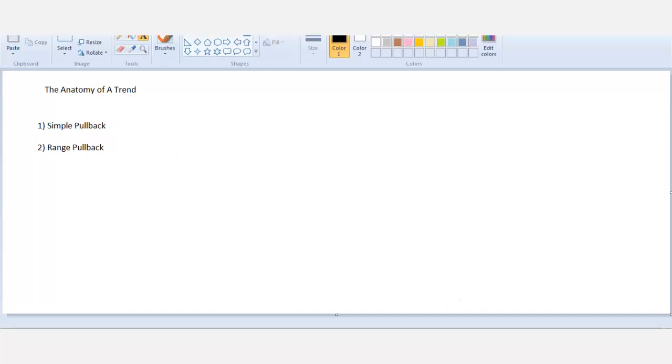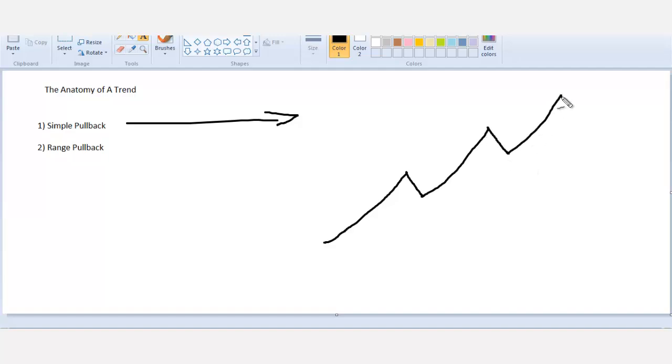So with that, let me explain what a simple pullback is. For a simple pullback, it looks something like this. Price does an impulse move, does a simple corrective pullback, rallies higher, does another simple pullback, and rallies higher. I'm sure you get the gist of it. And the range pullback does something like this.